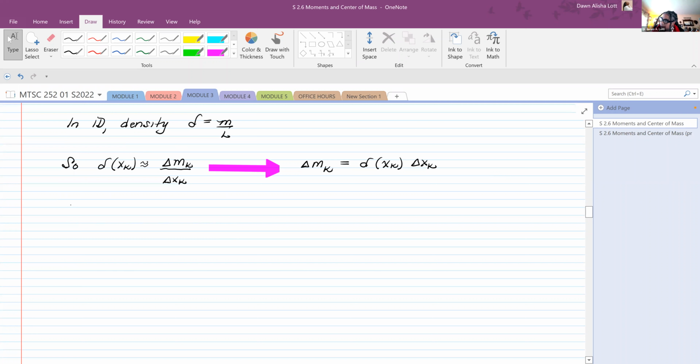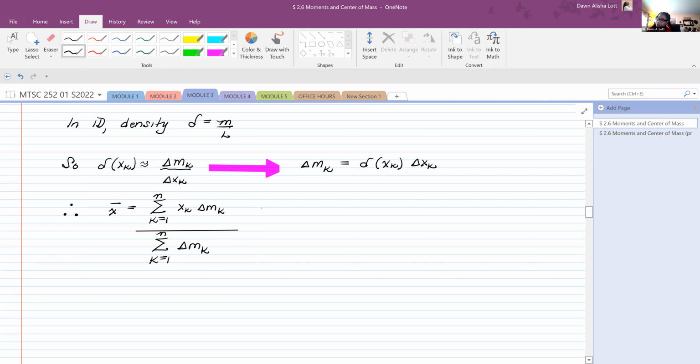So therefore, those 3 dots, I hope you remember, mean therefore, x bar, which we originally had, was the sum k equal 1 to n of xk delta mk divided by the sum k equal 1 to n of delta mk.